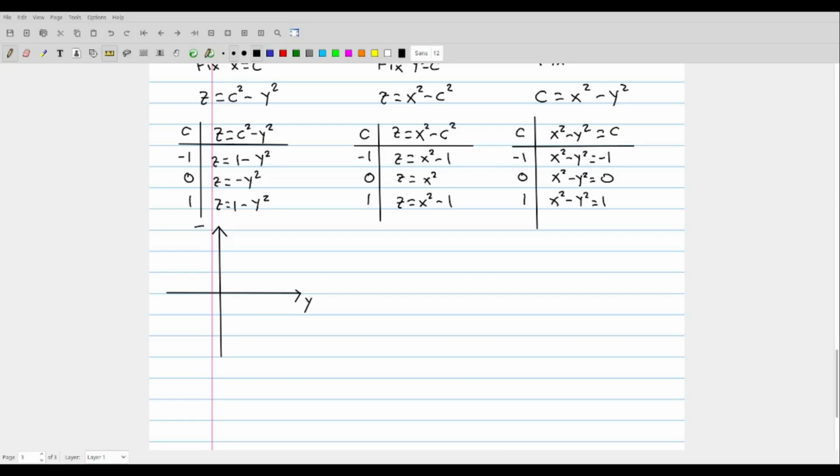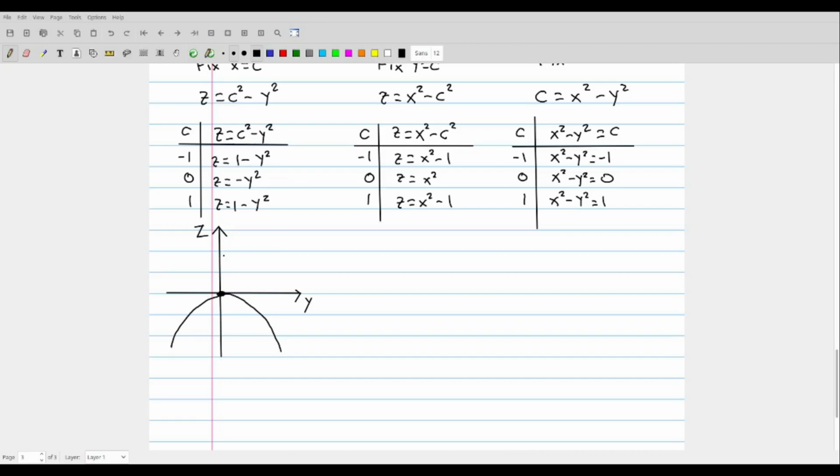This is the z-axis. Specifically, at c equals 0, so when x equals 0, the intersection is this curve right here. It's a parabola opening down, the parabola z equals -y squared.